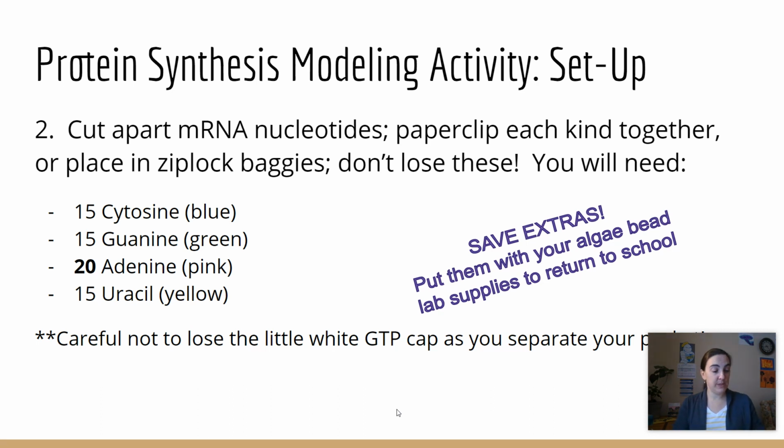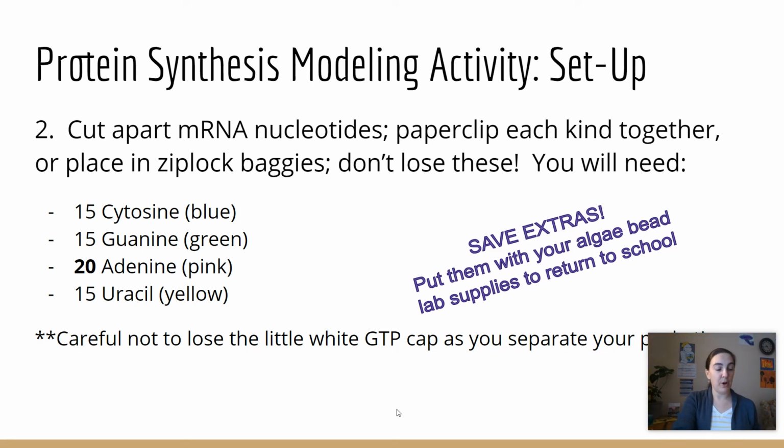So cut those out. When you cut them out, they don't need to be totally perfect. Most people like to have the end where the base is, where the C is, cut pretty closely to where it goes, because obviously this is the part that will be matching up with your DNA. But you want to cut out each individual base like this, and keep them all together.